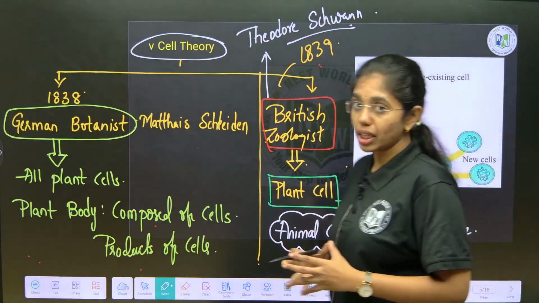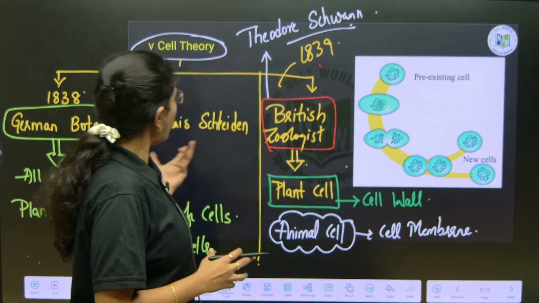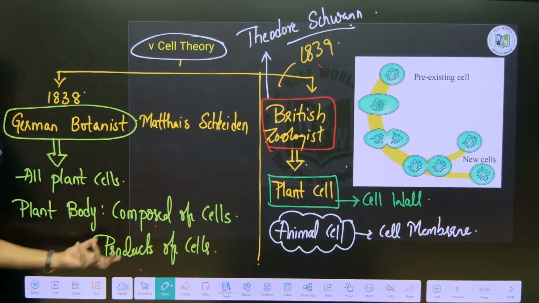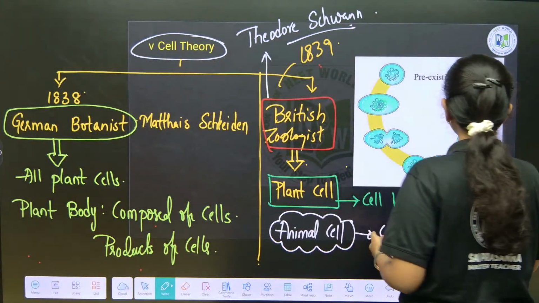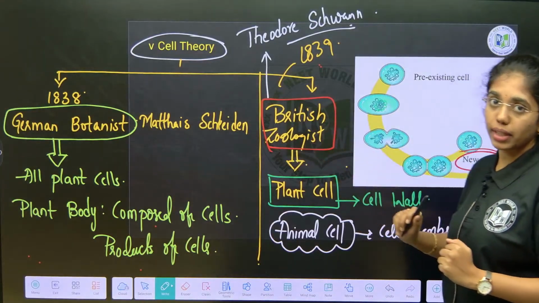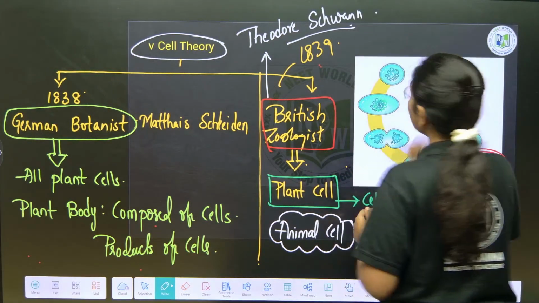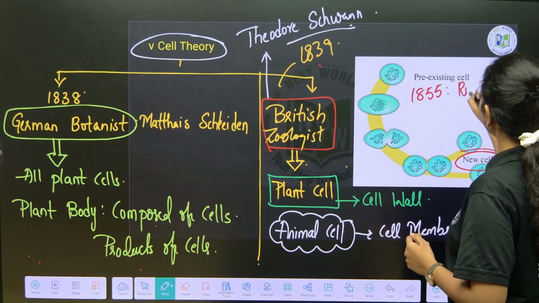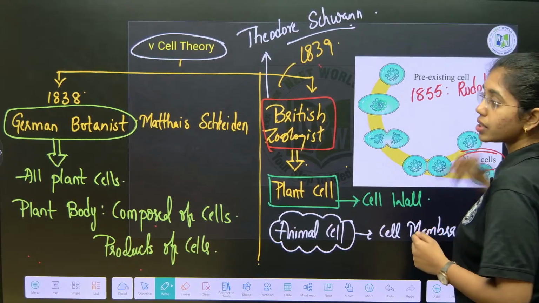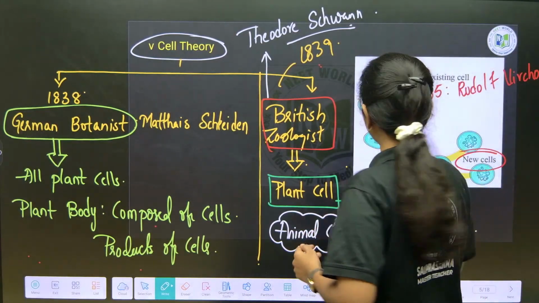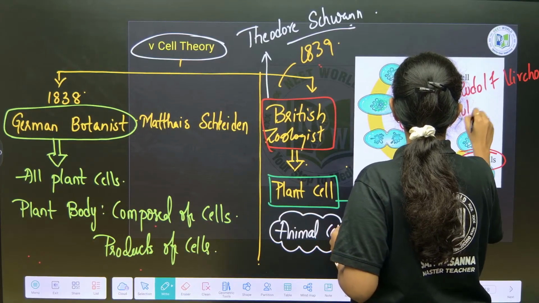Then if we look at the modified cell theory: nobody, neither Schwann nor Schleiden, spoke about how new cells are formed. In the year 1855, the scientist Rudolf Virchow proposed a concept called omnis cellula e cellulae.